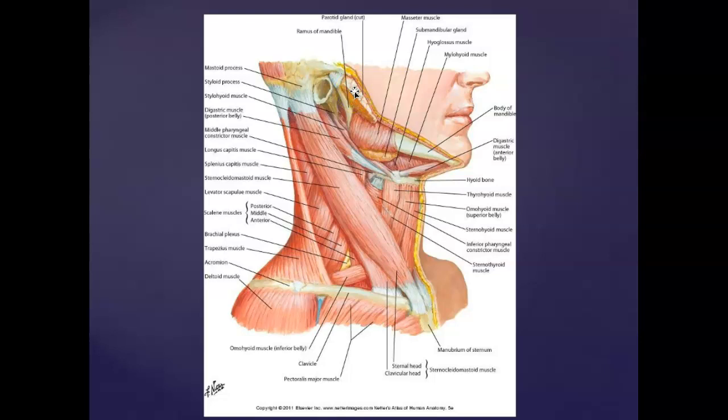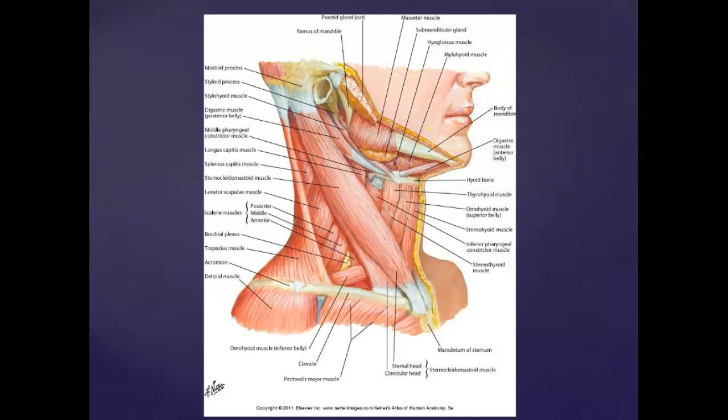This is a duct that empties on the inside of the oral cavity. We'll look at this during a future dissection, but that submandibular duct coming from the submandibular gland will empty onto the floor of the mouth just behind the anterior incisors back here. We'll see that later on.